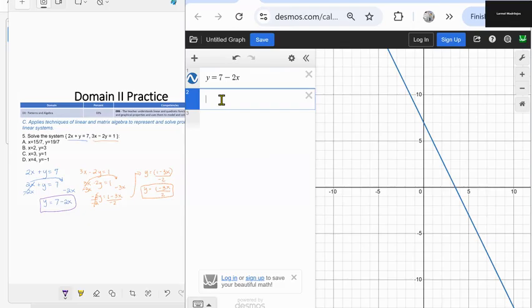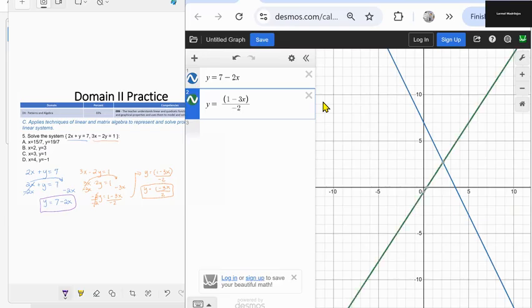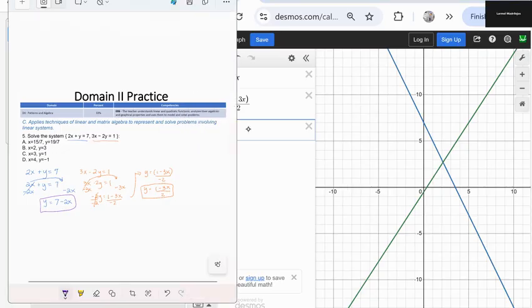y equals, you can use either, put it in parentheses, 1 minus 3x divided by negative 2. So you can use that way, or you can type it this way. Y equals, oh, I forgot to write the negative there. Okay, I'll put 1 here.